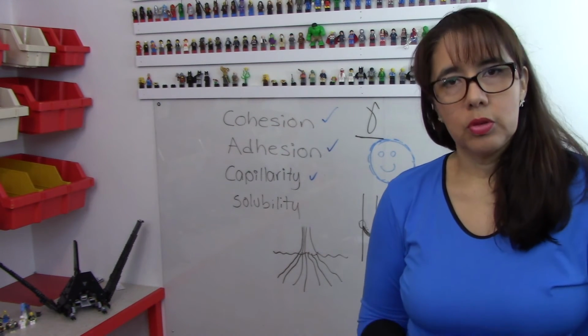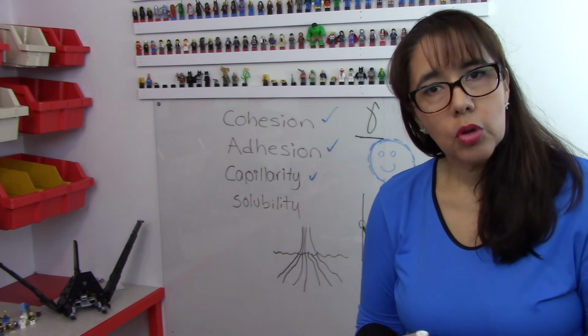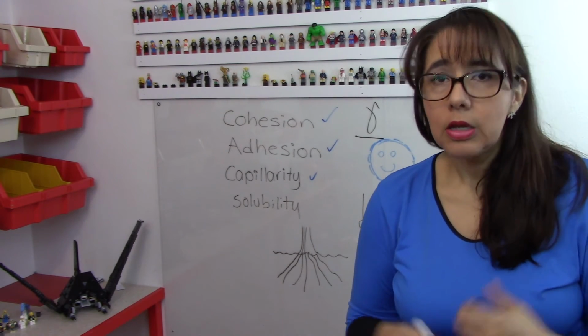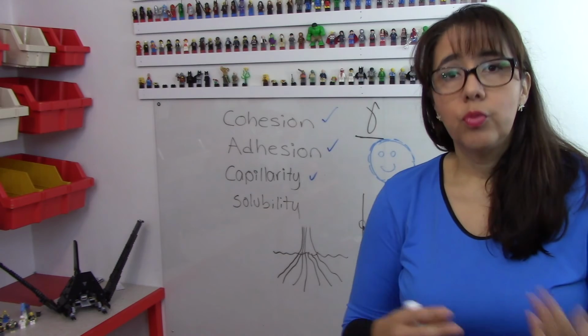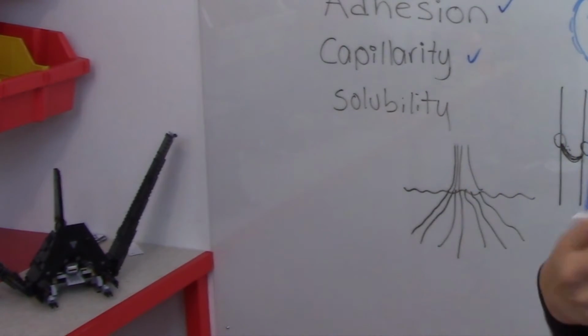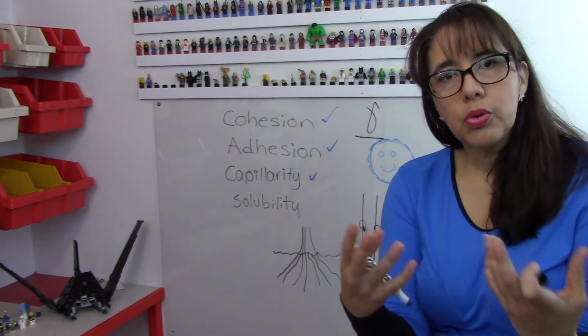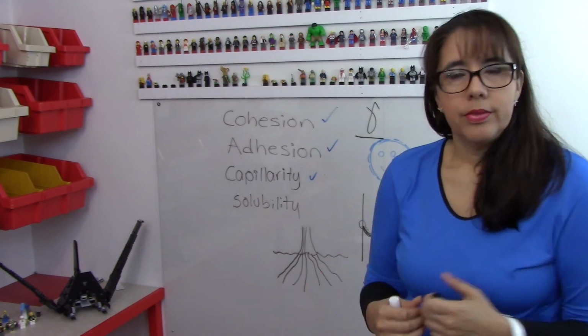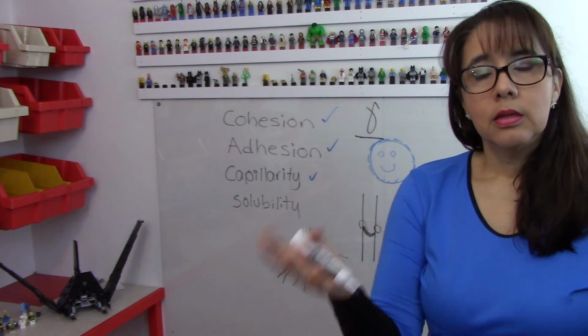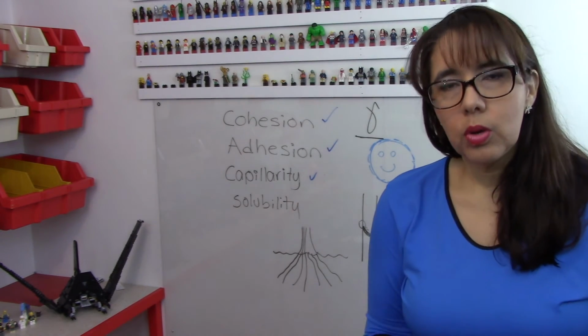Solubility is also a very important parameter. Why? Because mostly everything around you is a mixture of different components, and you need to understand what can dissolve what. In this case, the minerals that are in the soil are dissolved in the water and they're transported to feed the plant. There are many other cases. For example, when you drink lemonade, the sugar gets dissolved in the water.